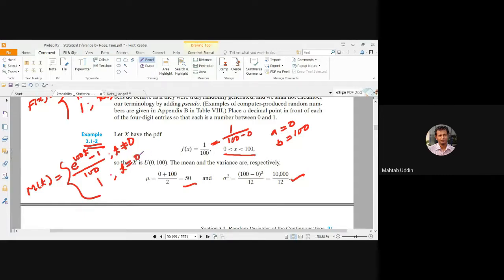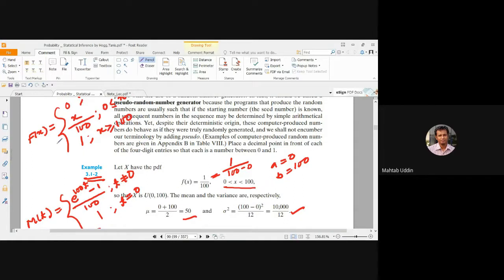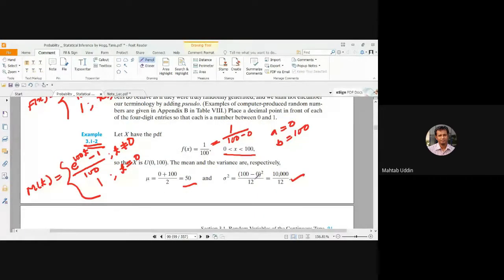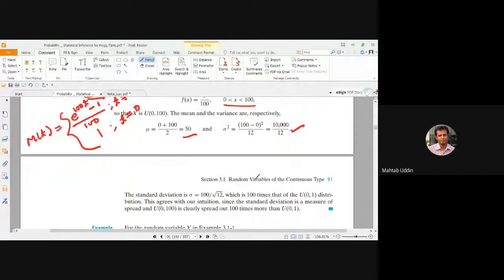So we have used all 5 properties: this is the PDF, this is the CDF, MGF, mean, variance. Also, you can find the standard deviation. Do you understand?